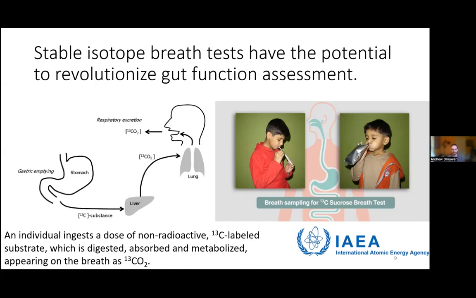What's nice about these tests is that they have really great potential. They can be done non-invasively in low resource settings. Basically, children are just breathing into a tube or a bag that is then capped and sent for analysis. The analysis, in theory, can be done in the field as well with a mobile spectrometer, although practically today they're sent to labs.